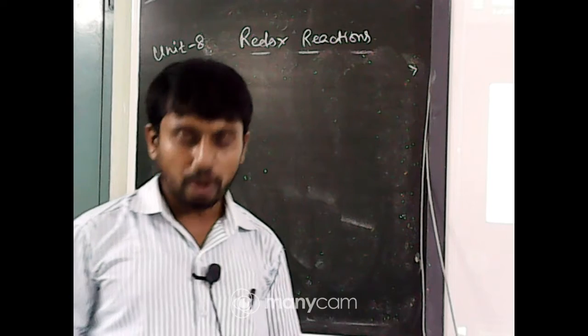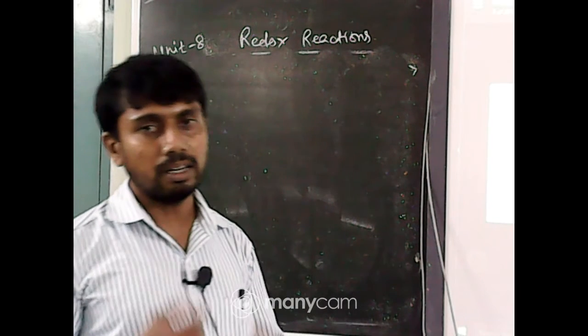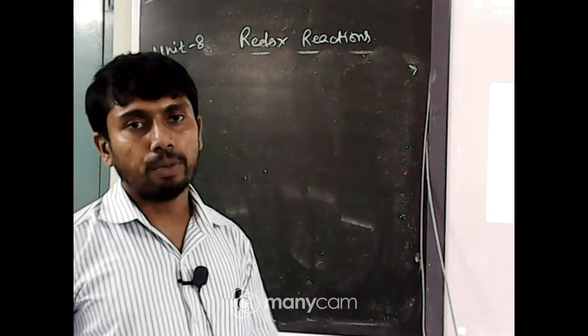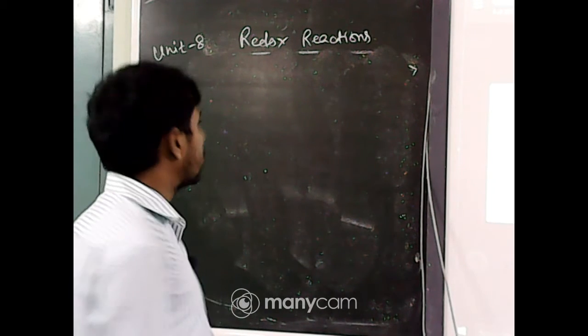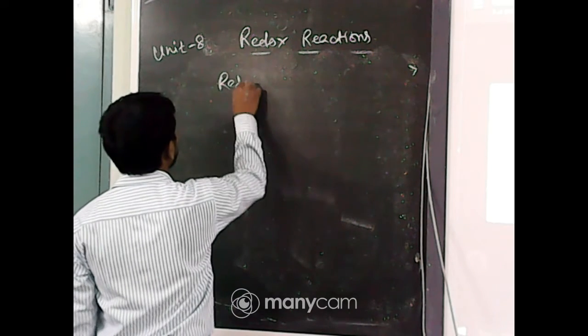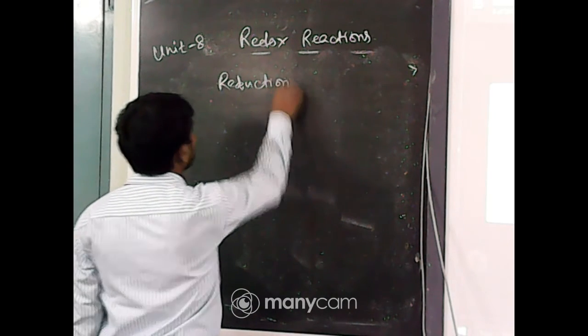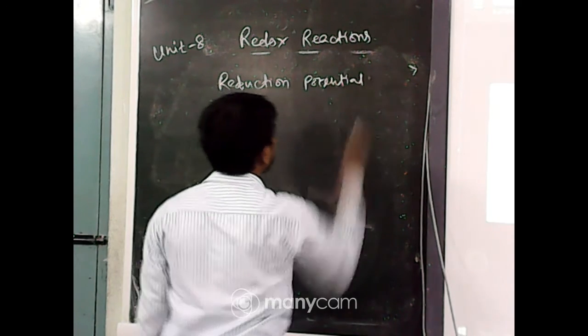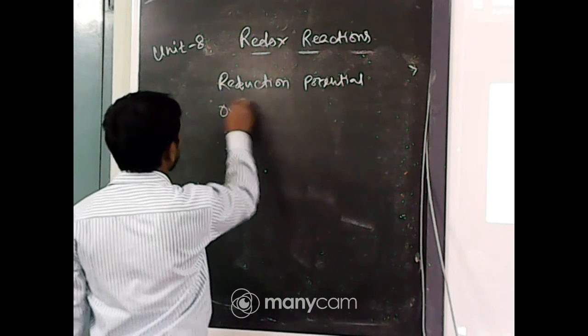Now according to this, we can arrange the metals according to the potential. There are two kinds of potential. One is reduction potential, another one is oxidation potential.